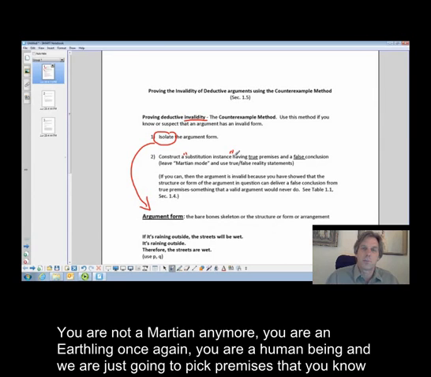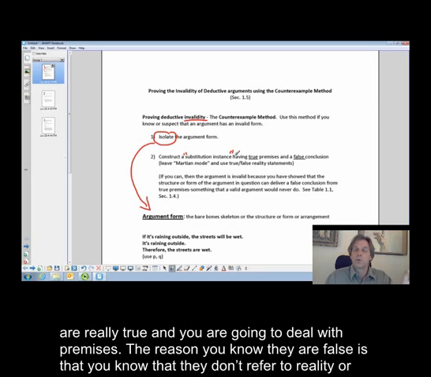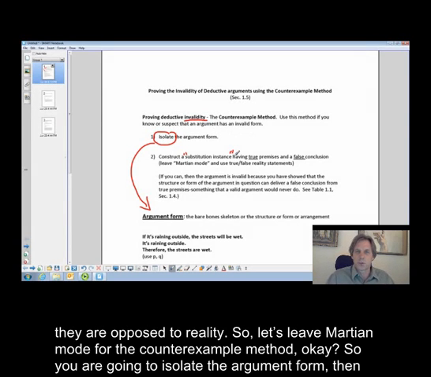You're not a Martian anymore, you're an Earthling, a human being, and we're just going to pick premises that you know are really true. The reason you know others are false is because you know that they don't refer to reality, or they're opposed to reality. So let's leave Martian mode for the counterexample method.